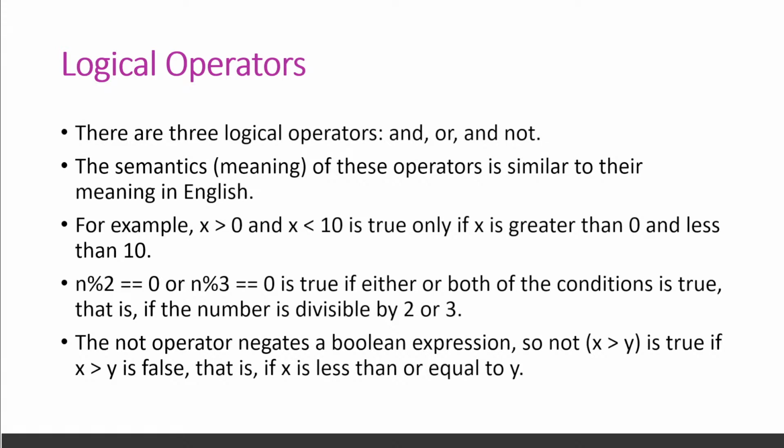Both condition A and condition B have to be true for a statement put together with the word and to be true. If I use the word or, statement A or statement B, then either one or the other can be true.